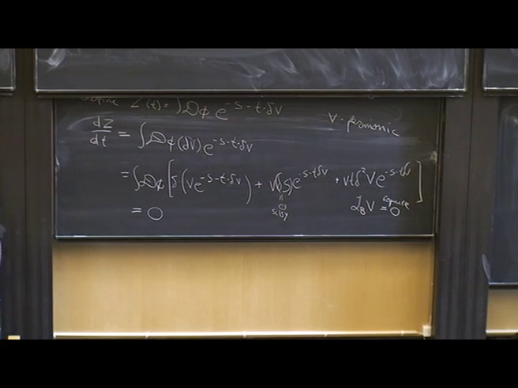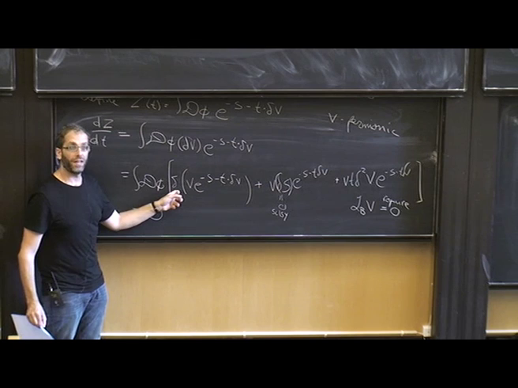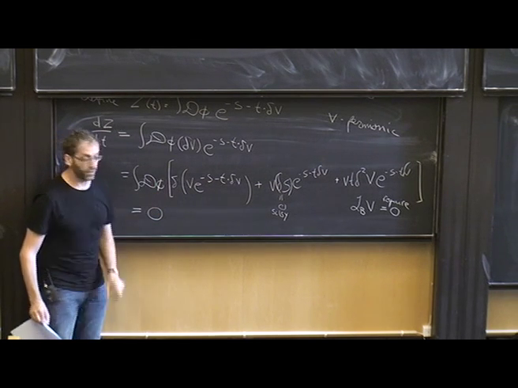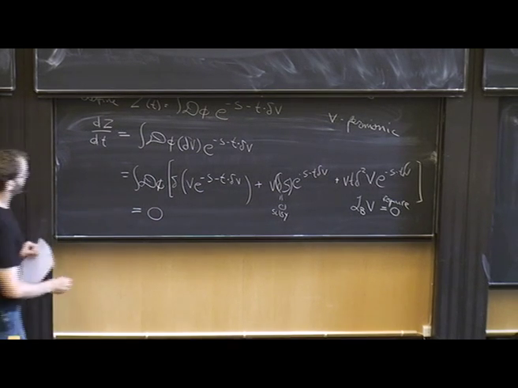And there are two reasons to worry about this. First, you need to make sure that this symmetry is not anomalous. So the measure is also invariant under this supersymmetry. So delta is not anomalous.